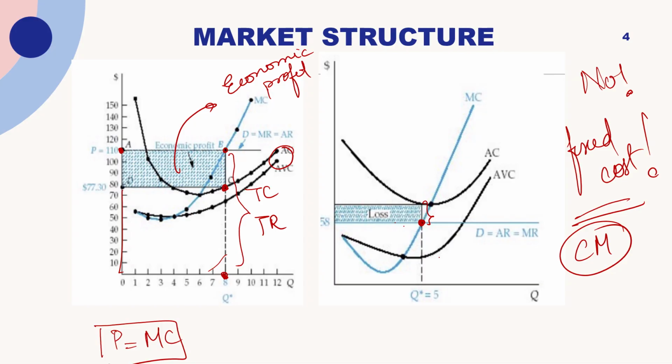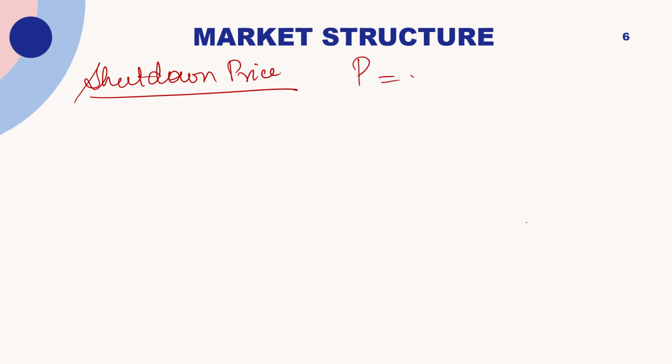Now next let's see what is shutdown price. Shutdown price is the lowest price at which a firm could still produce. This point is the minimum of the AVC curve.